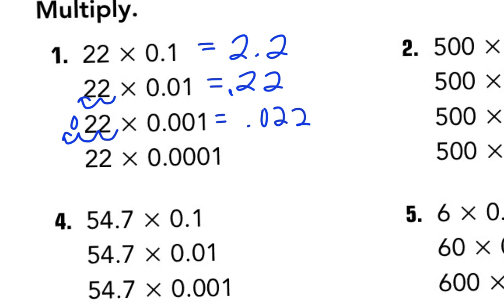And then multiplying by 1/10,000th would move the decimal 4 places to the left, which would be 22 10,000ths. So you can look as you go through this, it's based in a way on how many numbers you have after the decimal point. Notice it's a decimal point and then a 1, or a decimal point and then some zeros and a 1 at the end.